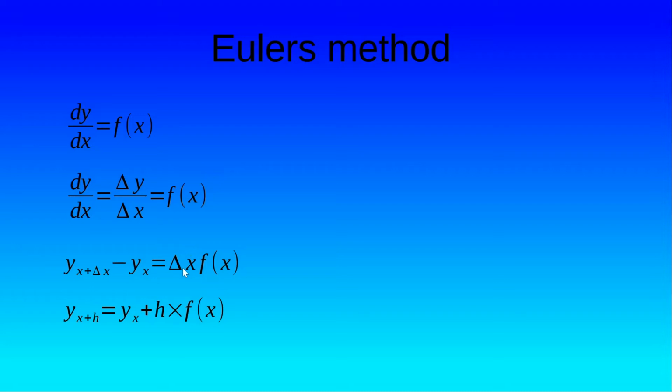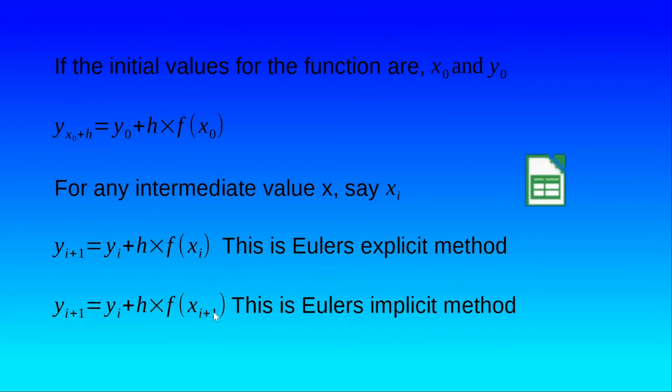If we take delta x as a very small value h, you call this h a step size. So what do we have? We have y(x + h) = y(x) + h f(x).